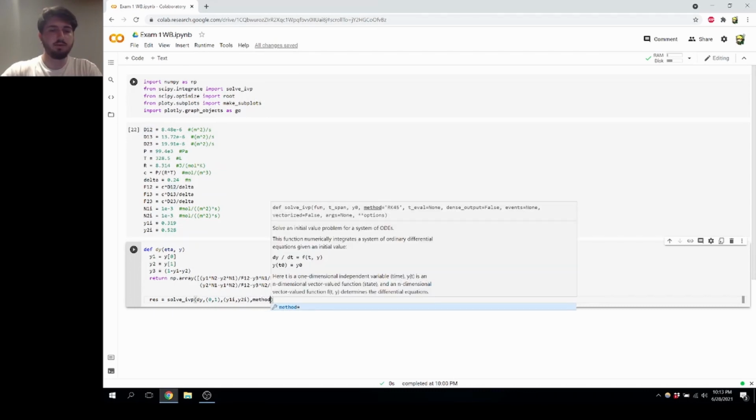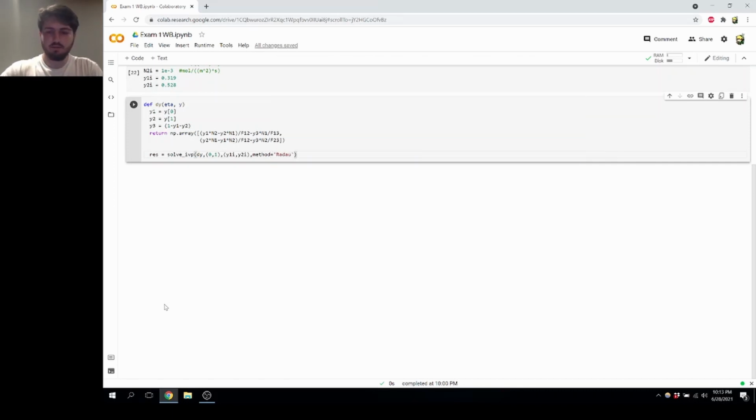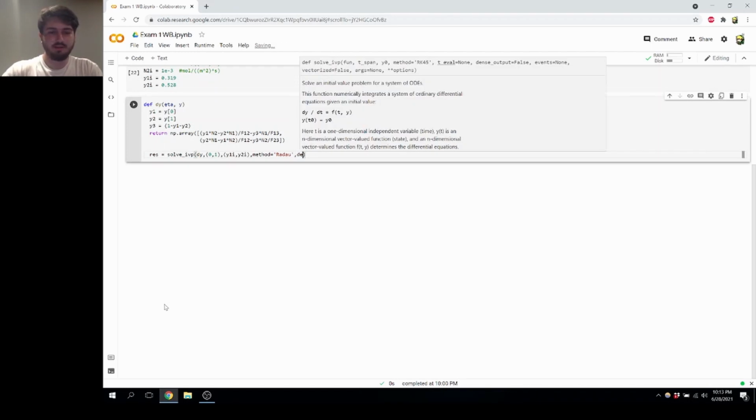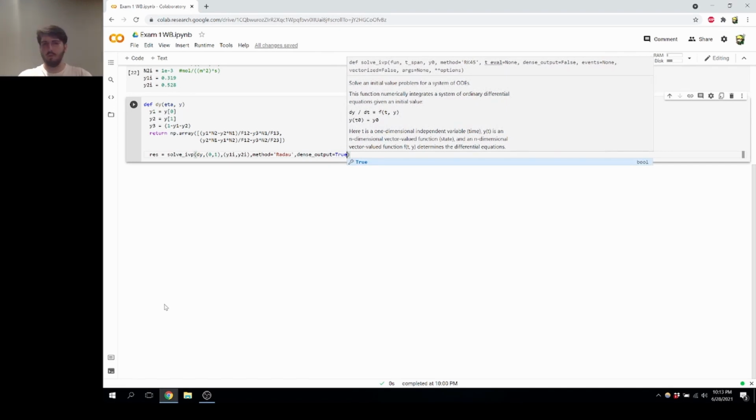And the method we're going to use for this is actually going to be called Radau. I've heard it so many times, still can't say it. That's the method we're going to be using. We're also going to have it as dense output, and this is what allows us to see everything at each exact point, each certain time, which is very nice.